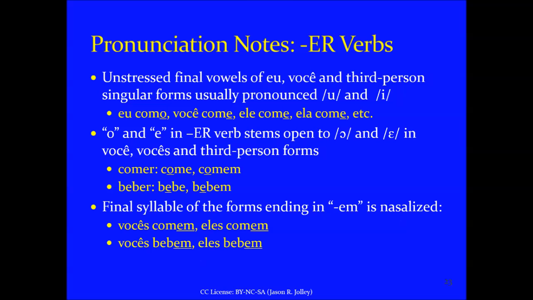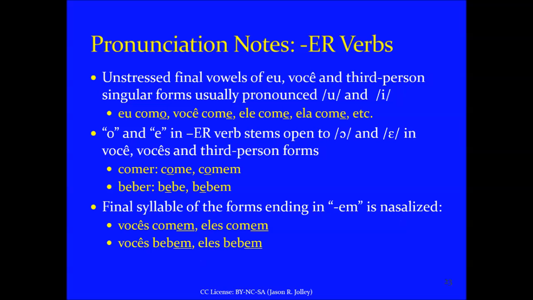So it's eu como, você come, ele come, ela come, etc. So I'm overemphasizing that a little bit. Okay, but it's como. You don't usually hear como, como. You don't usually hear come, or you do usually hear come, not come.